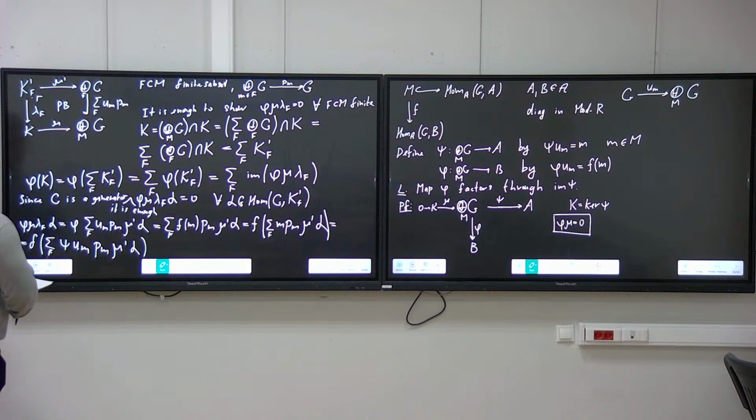I'm just using the definition for the map psi, and I know that the composition of the psi and em is just m. So I'm just plugging that formula here in this sum.